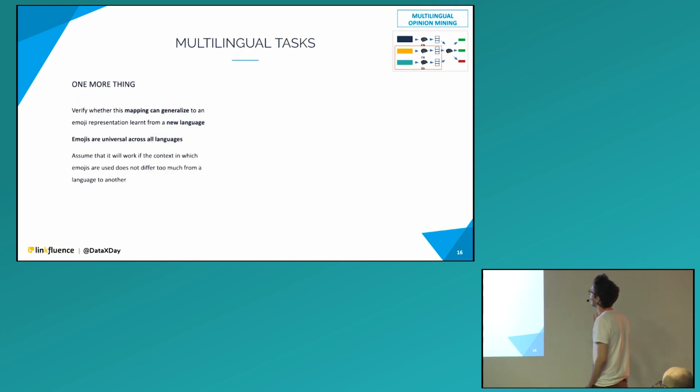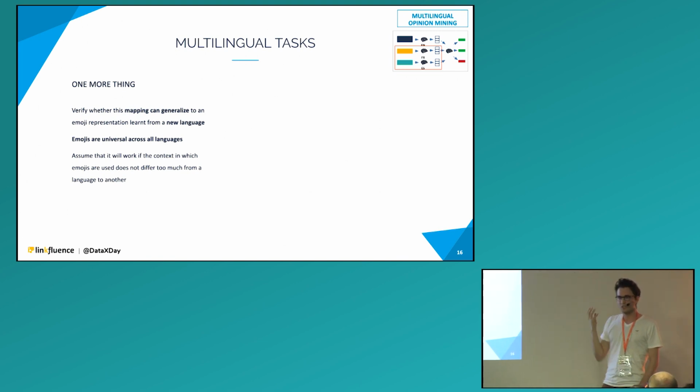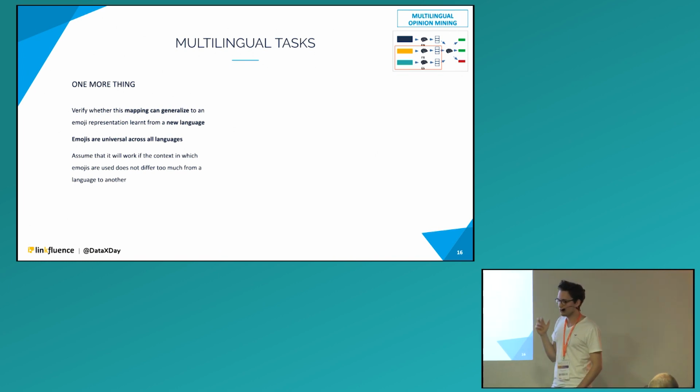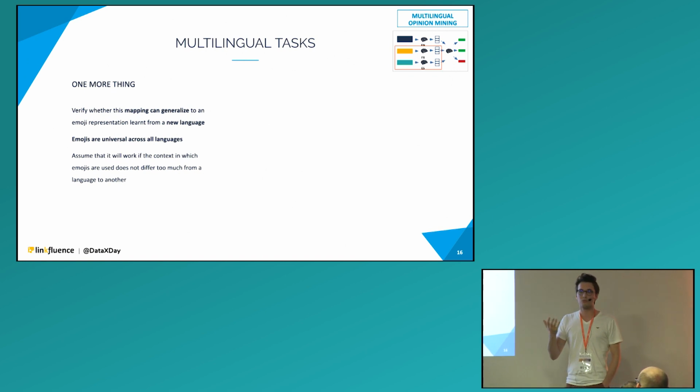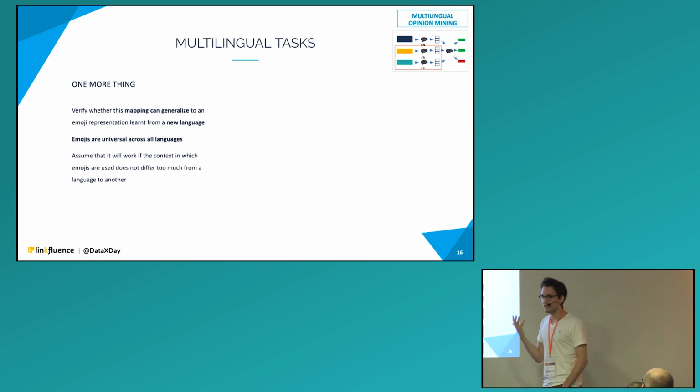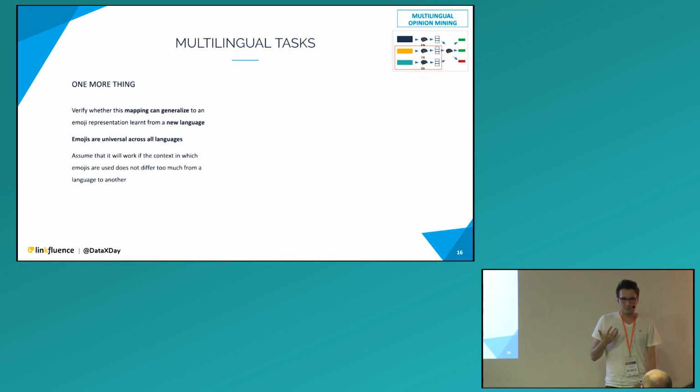And one more thing now. Now we need to verify the most important. All the work we did would be nothing if this didn't work. So we needed to verify that the mapping learned by the emoji-to-task model, the two-layer neural network, can generalize to a new emoji representation coming from text in another language, from another doc2emoji model. And why do we assume that this would work?